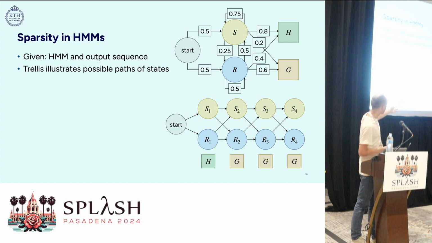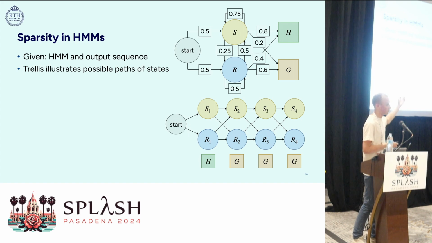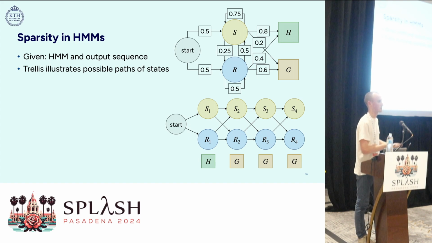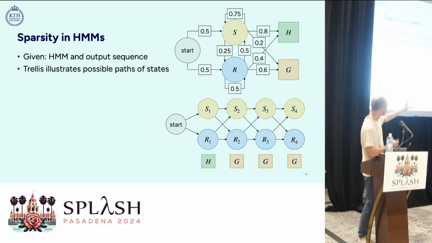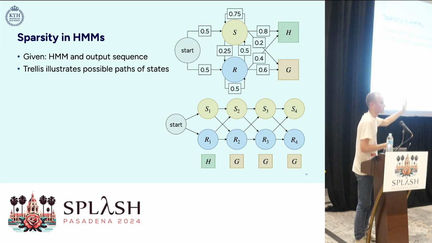In this graph, we start from the start node on the left-hand side, and then we can choose whether to go to the sunny or rainy state in every time step. It illustrates the possible paths that the model could have been through during these time steps. Then each path ends in S4 or R4 because that's our final observation.